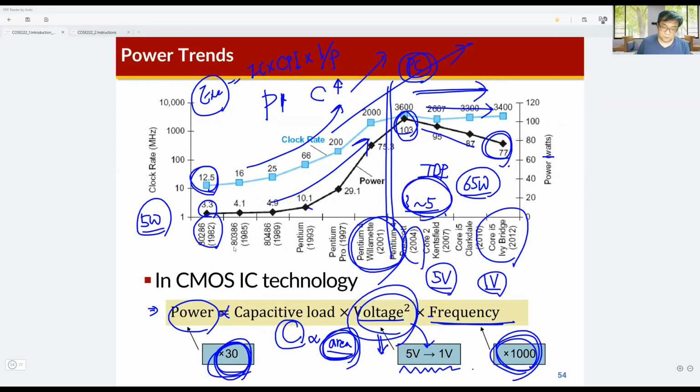So this is the equation of the power consumption. I mentioned that this is the dynamic power consumption of the computer processor.